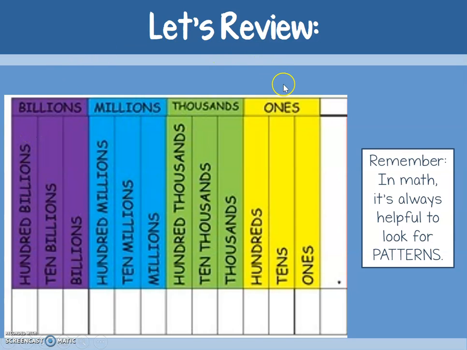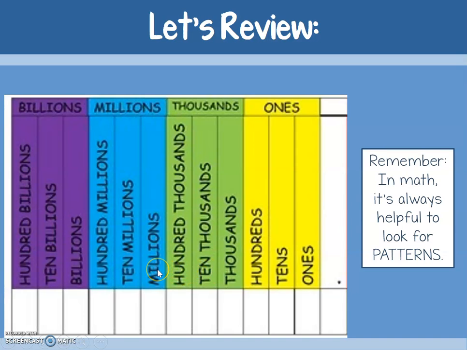And within each of those blocks or periods, we have another pattern that we can recognize. And that is that the digits going from least to greatest value follow the pattern ones, tens, hundreds. So in the ones period, that simply goes ones, tens, hundreds. But in the thousands period, that means we have 1,000s, 10,000s, 100,000s.